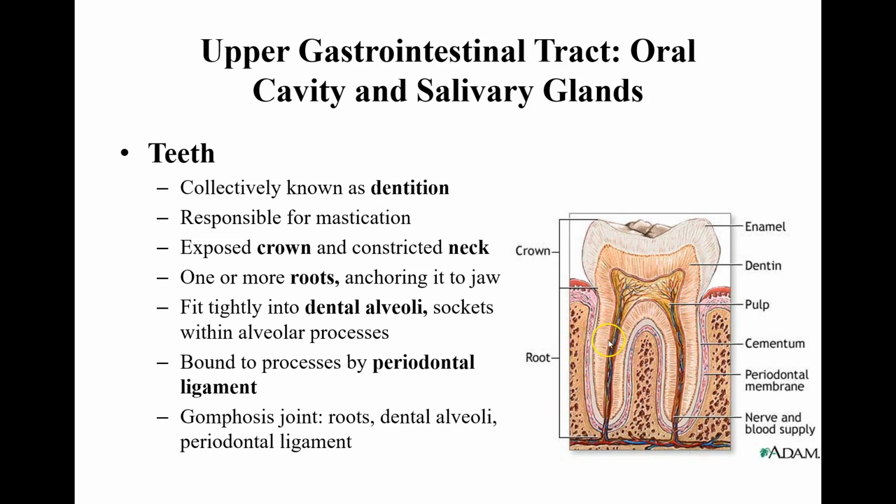The joint between the tooth and jaw is held in place by a periodontal ligament, and it's called the gomphosis, which is a dense regular connective tissue joint that has no movement, so it's a synarthrosis.